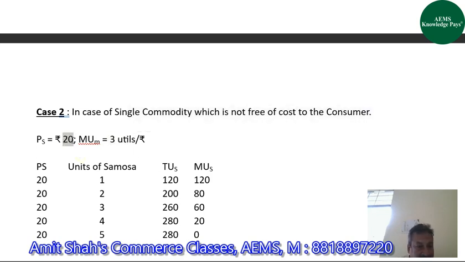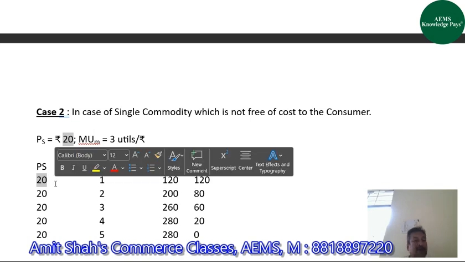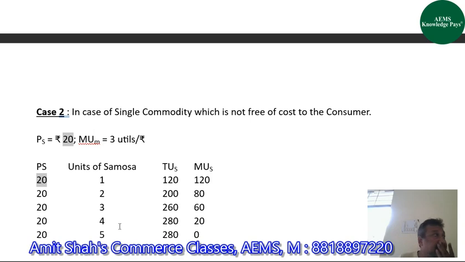So by spending rupees 20 on first samosa, his expectation is how much? How many utils? 60 utils, very right. Because from 1 rupee he expects 3 utils, so from 20 rupees he expects 20 into 3, 60 utils. But how much he got from the first samosa is 120 utils.